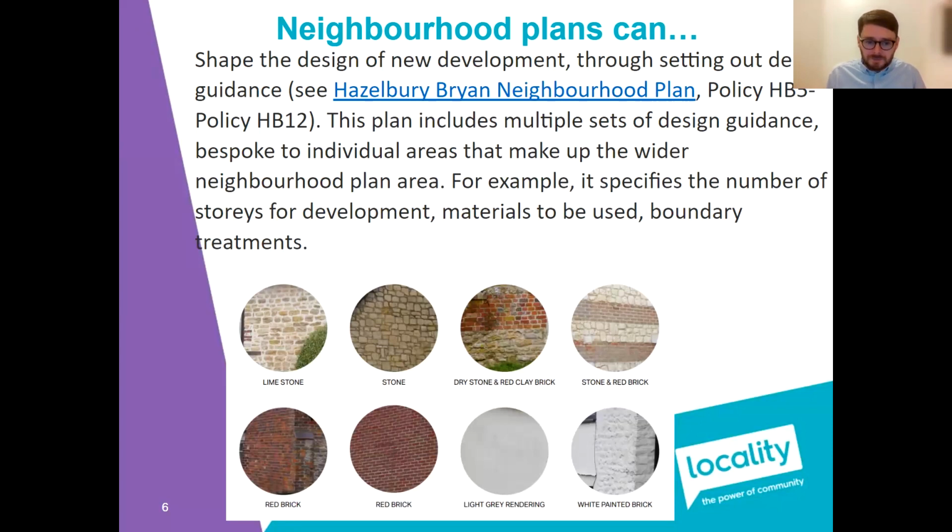And you can see here, they've got like a palette of materials. So they said, we'll accept development that includes limestone, red brick, white painted brick, dry stone and red clay brick. And that was essentially drawn from an analysis of the existing historical housing in the area. And essentially they were able to use their plan to ensure that when new housing or new development does come forward, it is consistent and in keeping with the character of the already established area.